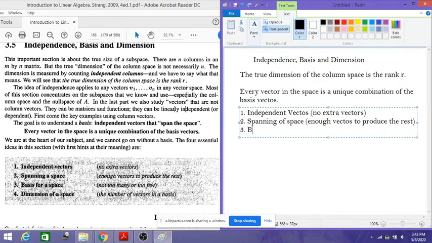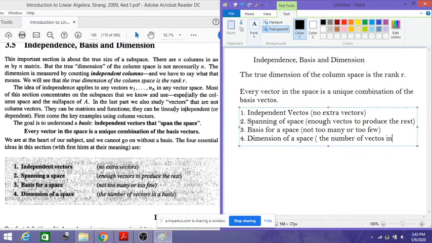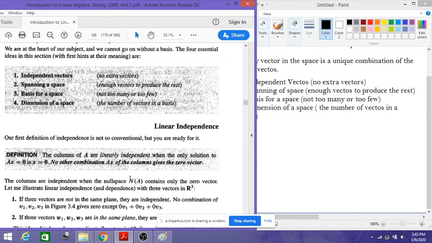Third, the basis for a space, which means not too many or too few. Fourth, the dimension of a space, which is the number of vectors in a basis. So this is the meaning of all this.